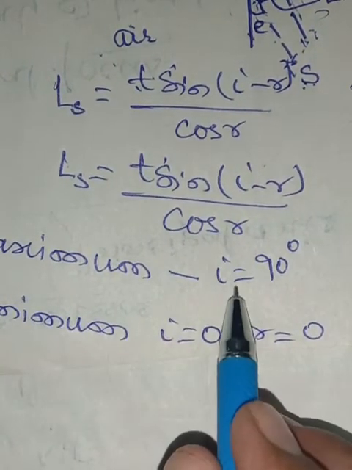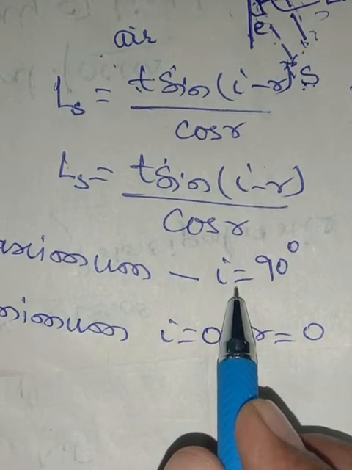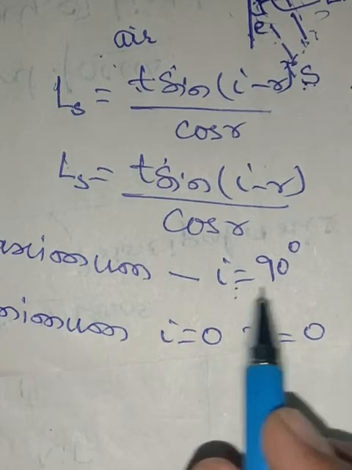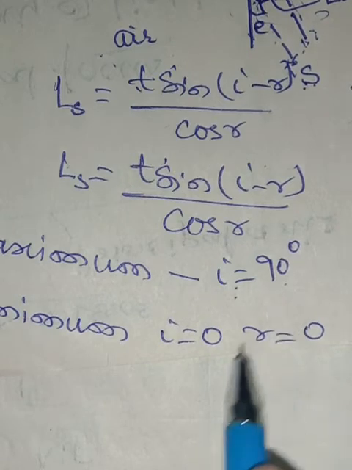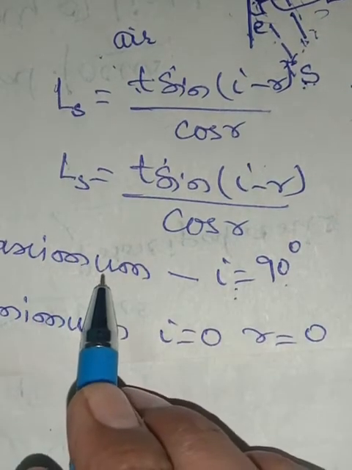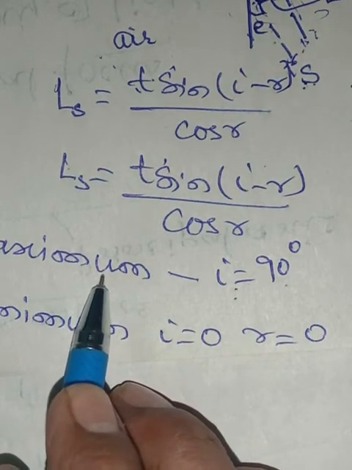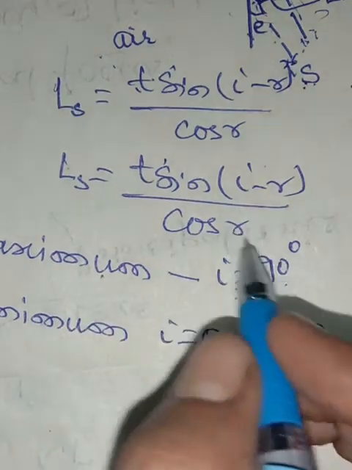When incident angle is 90 degree, then the lateral shift will become what? Maximum. कैसे?